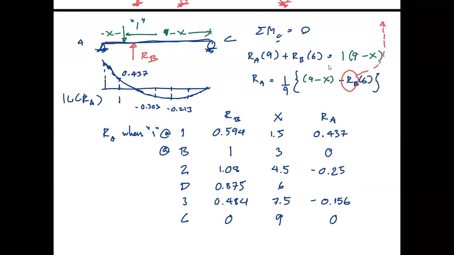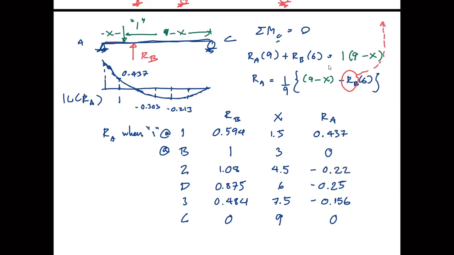Really? Oh, sorry, for D. Okay. Yeah. I tried to calculate. And at 2, what about 2? Is that correct? Negative 0.22.